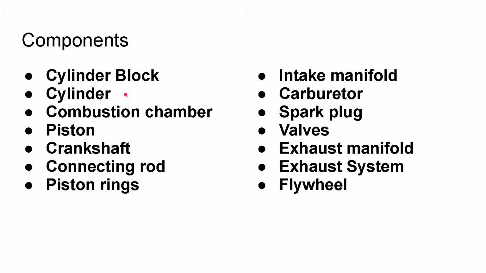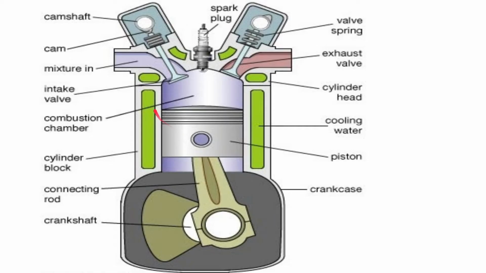So what is the engine block? This is the engine block which houses the cylinder inside it. It has a circular cross section, and at the cross section the outer part has the cylinder block. The top head which closes it is called the cylinder head.